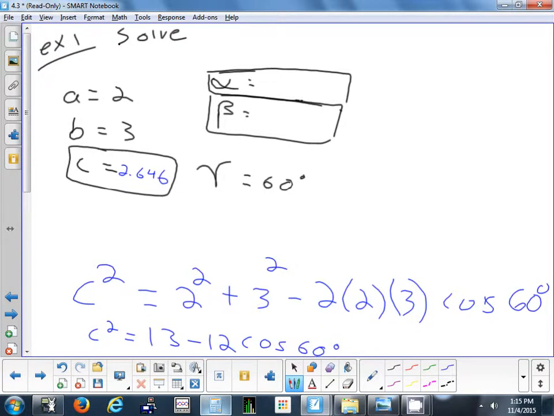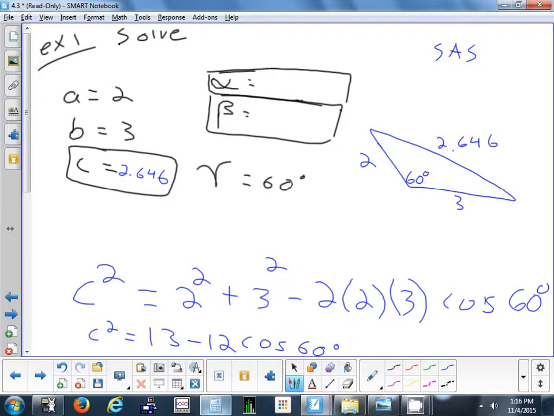Now that I've got that, I'm going to sketch it, and I want to see what kind of triangle I have now. So I had 2, 60, that was 3. Now I know that. Besides side angle side, that's what it was originally. What is it now with this extra piece of information?